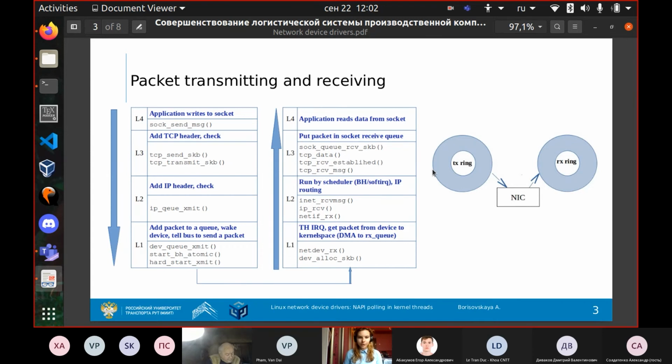But prior to 2.3 kernels, after calling the top half of the interrupt handler, the bottom half and task queue were used to perform main tasks. But in later versions, the bottom half interface has been replaced with the software interrupt handler or software queue.